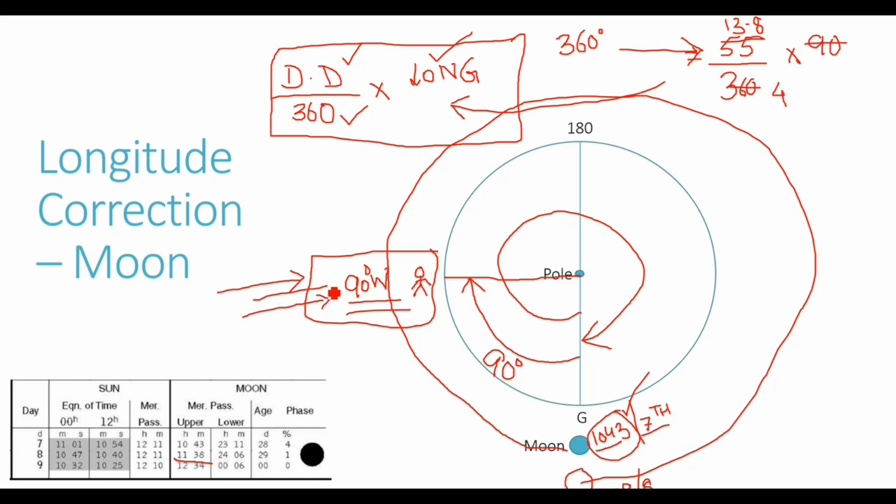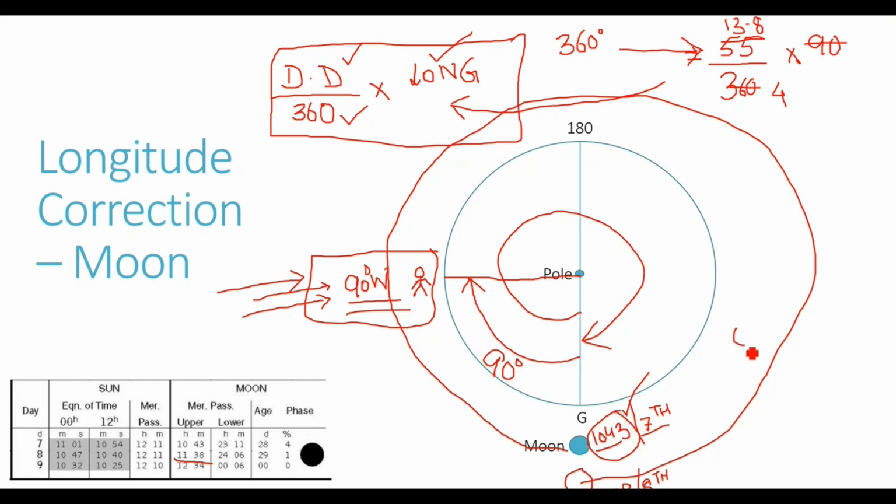Our occurrence at 90° west will occur between the occurrence at Greenwich on 7th and 8th. Are you able to understand this better? No, sir. Okay, I'll repeat once again.